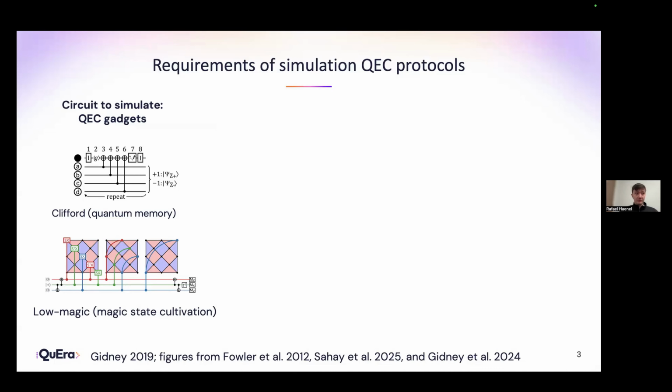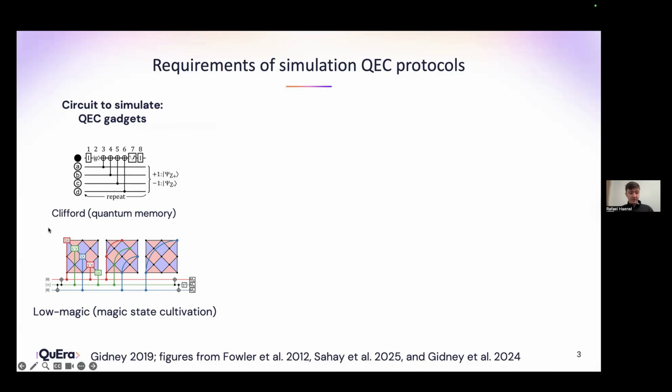We don't need to simulate full logically encoded quantum algorithms, but it's sufficient to take out certain gadgets, certain substructures, and simulate them to extract their fidelity. For example, you might be interested in just simulating that stabilizer extraction protocol from before, and that would just be a Clifford circuit, because most of the gates in QEC circuits are Clifford.